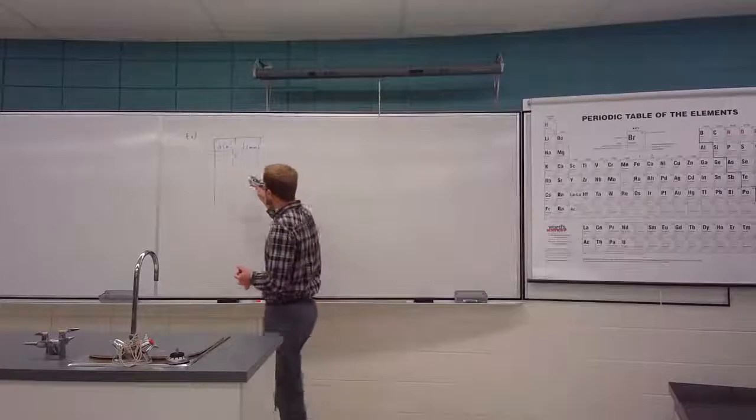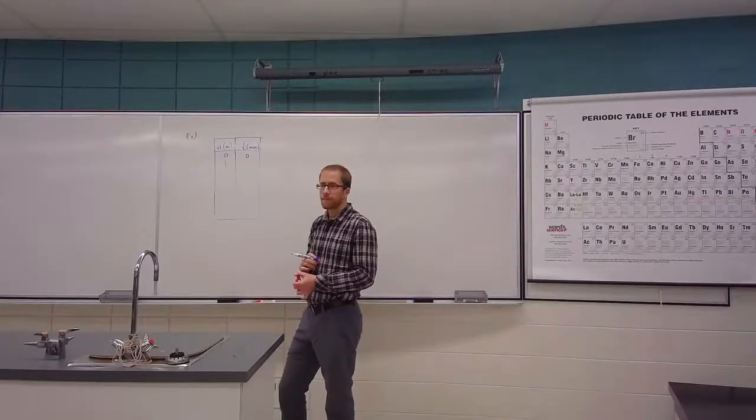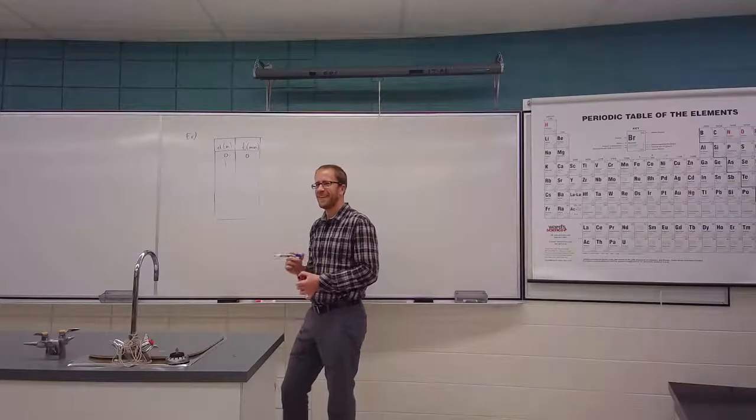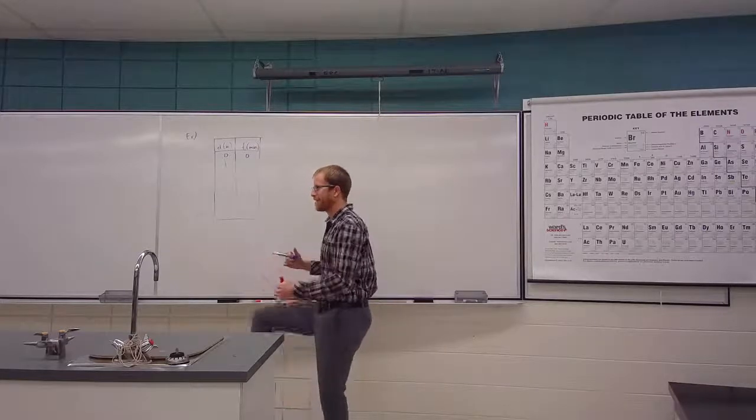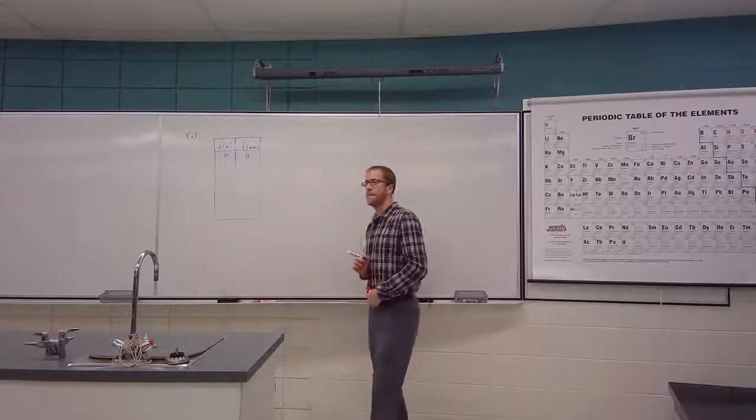And let's say after 1 minute, you traveled 1 meter in a minute? That's slower than a tortoise. What would be a good number that you could travel in 1 minute?